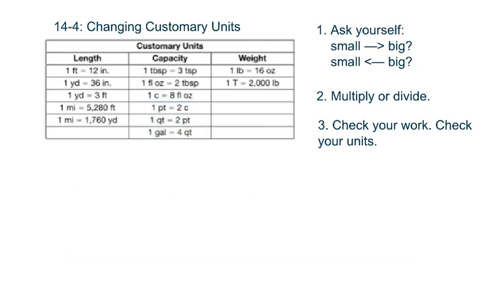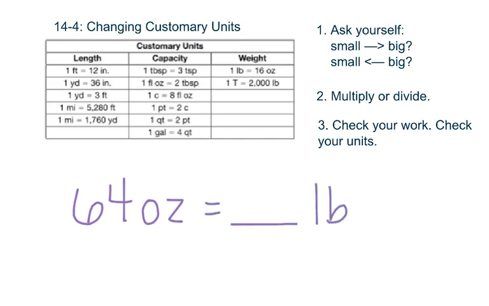Okay, last but not least, let's use weight for conversions. Let's say I have 64 ounces and I'd like to change that into pounds. So first, am I going from big to small or small to big? I'm going from small to big, so I'm going to be dividing. I use my chart to look to see what I'm dividing by.